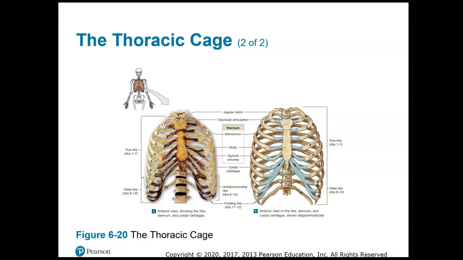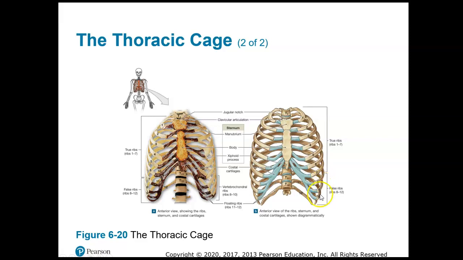And then we have 12 pairs of ribs. So the first 7 pairs of ribs, 1, 2, 3, 4, 5, 6, 7, these are true ribs because they're directly connected to the sternum by costal cartilages. But the other ribs, the false ribs, either aren't connected at all, which would be the floating ribs down here, pairs 11 and 12. They aren't connected to the sternum at all. Or you have the false ribs that start with pair 8.